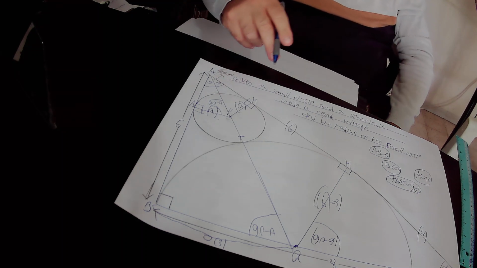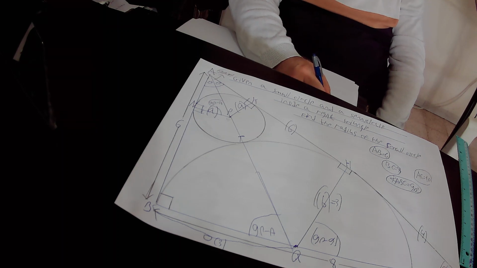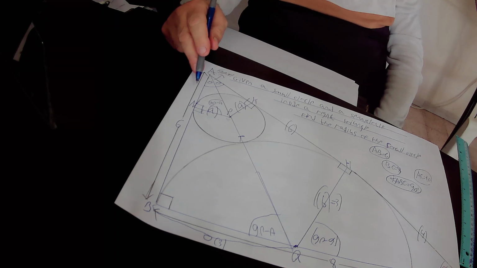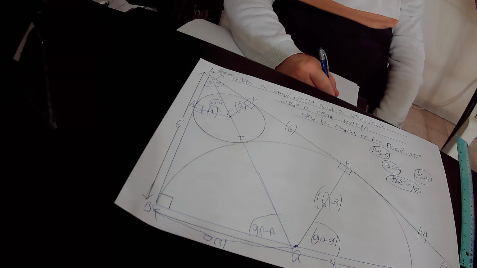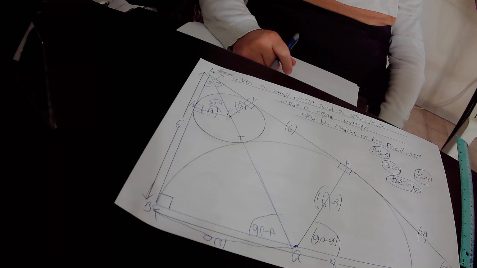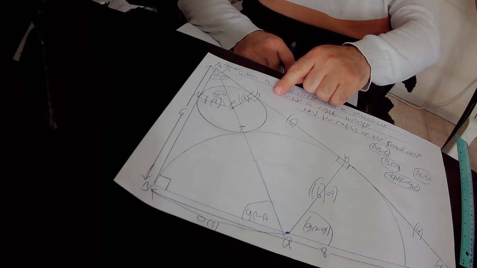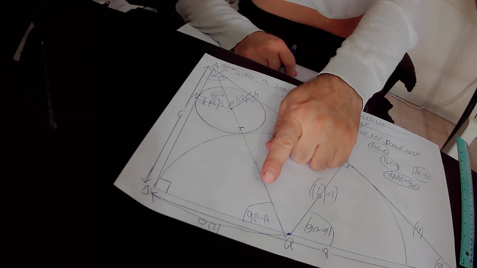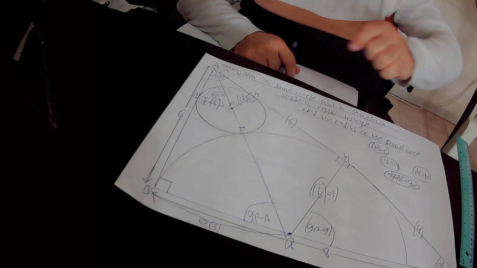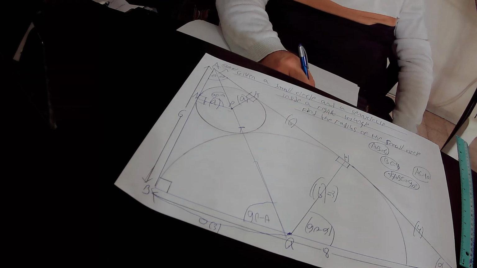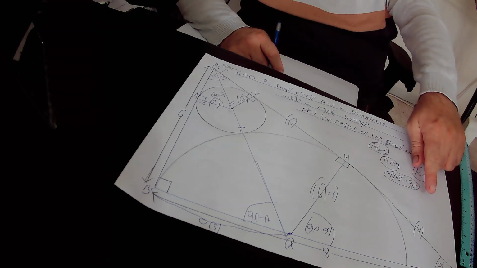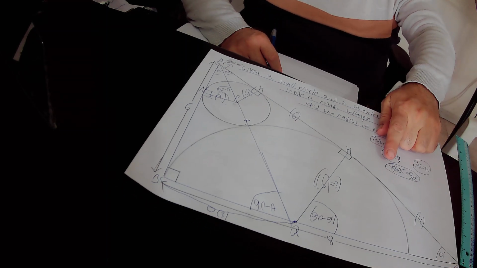AB equals 6, so we substitute AB by 6 over AN. AN is the missing side, so we leave it as it is. And it equals BQ. BQ equals 3, according to what we already found out. It is the radius of the big semicircle. So we substitute BQ by 3 over NP.